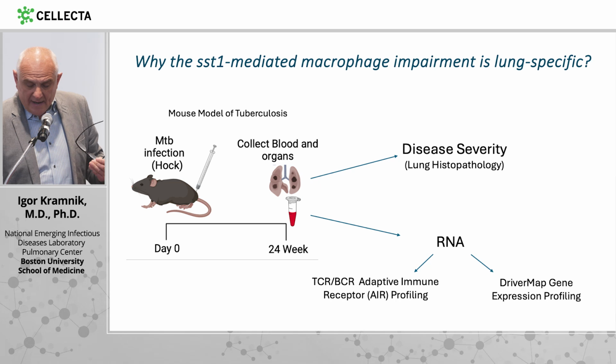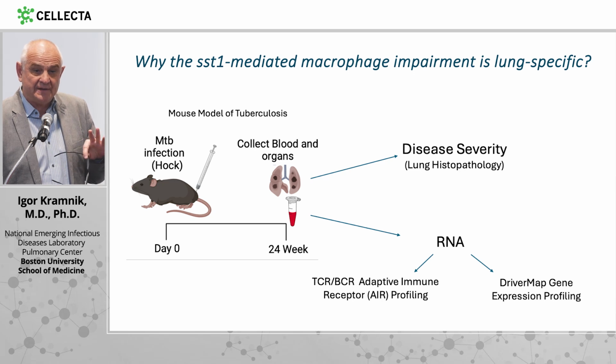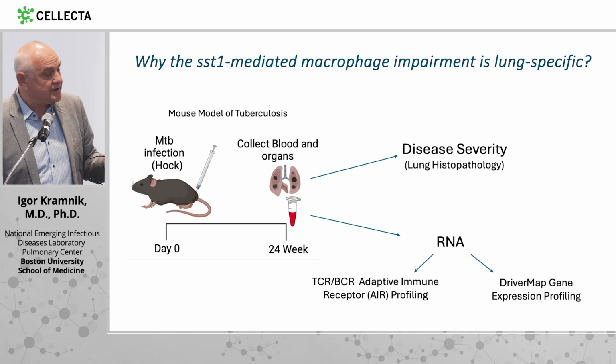And to study this in a way that reflects human disease, I don't know how many people study tuberculosis in this room, but human tuberculosis in the lungs that develops in immunocompetent people develops slowly. It can progress for months or years, or even decades before they form necrotic lesions and even cavities.